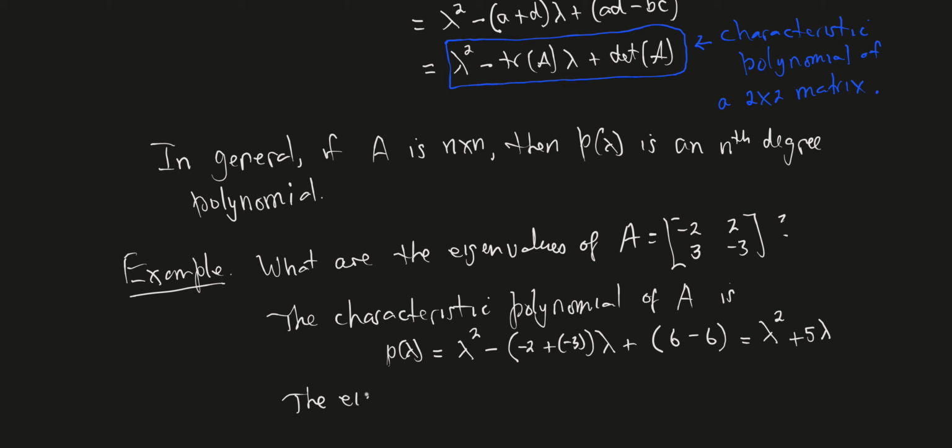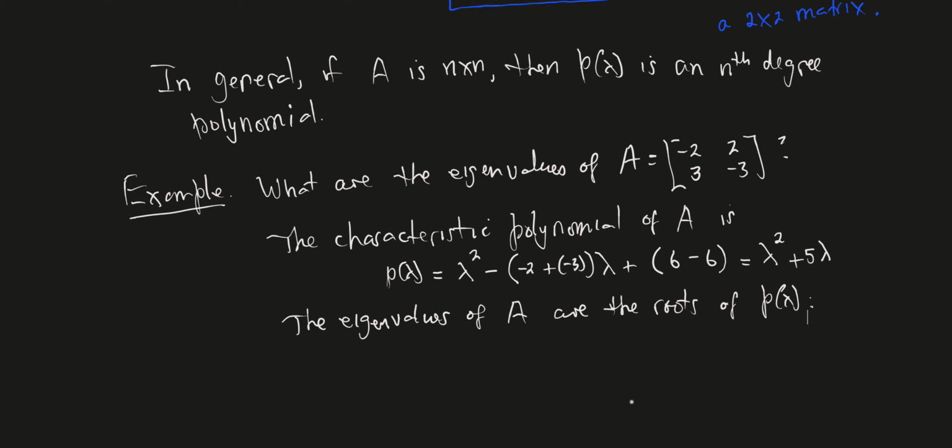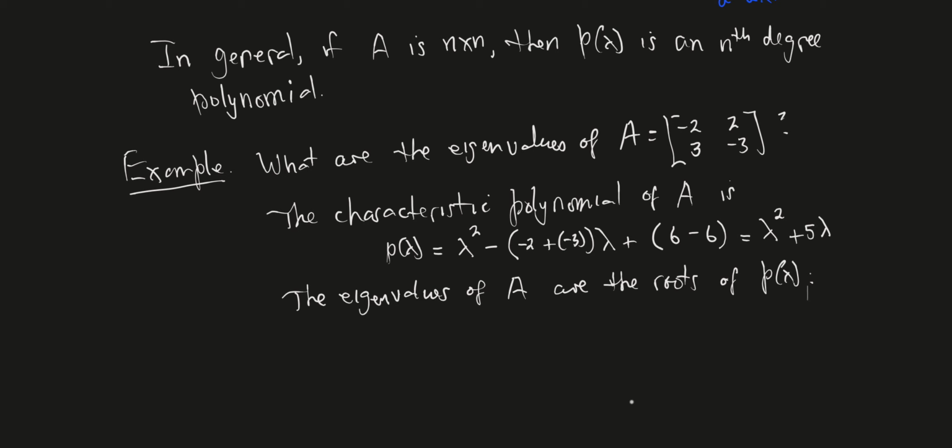So the eigenvalues of A are the roots of P of lambda.